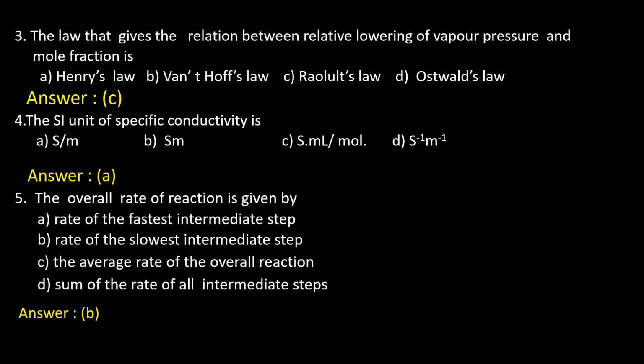Therefore, the second option, that is the rate of the slowest intermediate step, is the correct option. Because until the slowest step is completed, the entire reaction will not be completed. Therefore, that is the correct option.